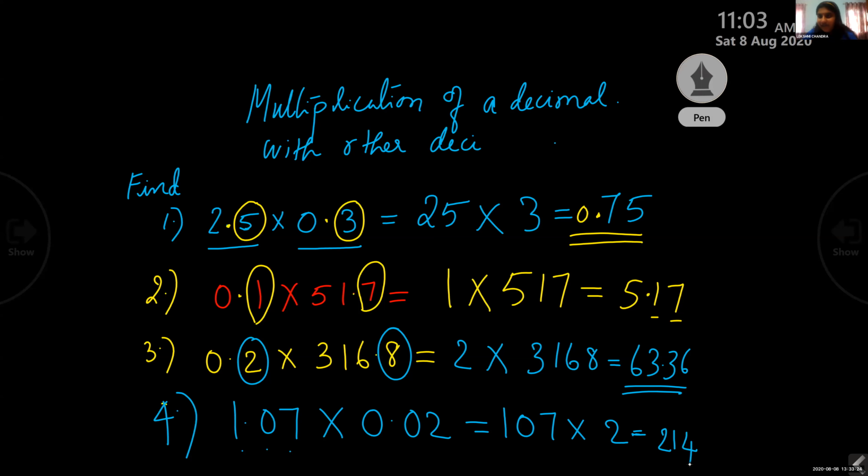Now you check how many decimal places are there. Here 2, so 2 plus 2, 4 places come after the decimal point. So in the answer also 4 decimal places should come after the decimal point.